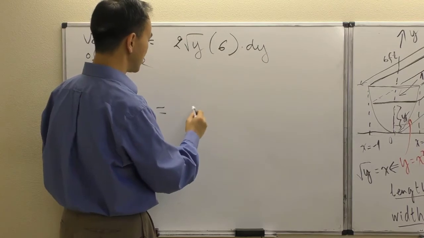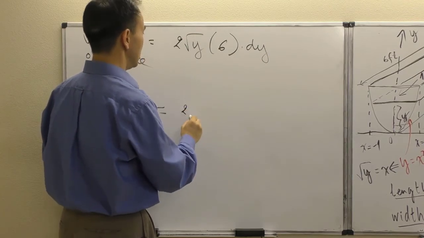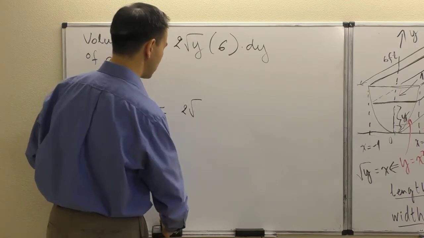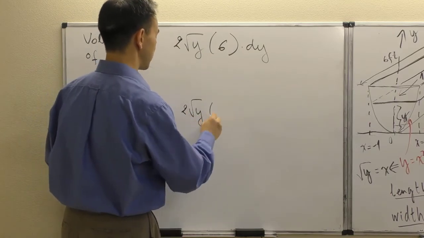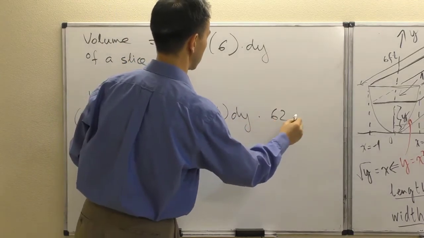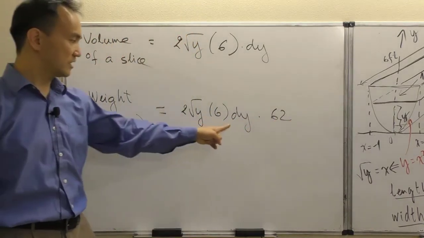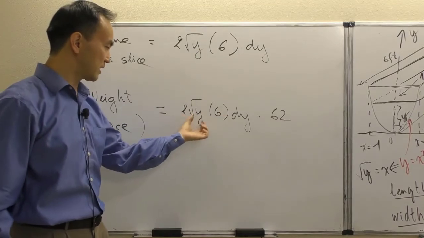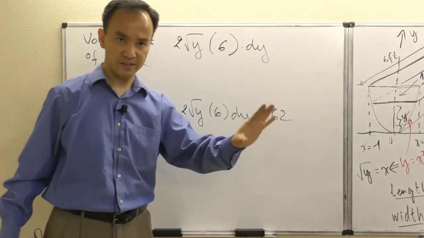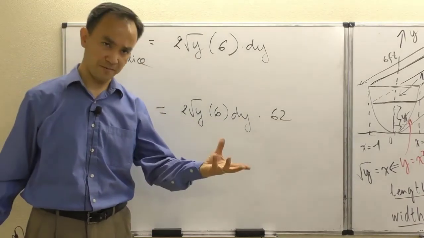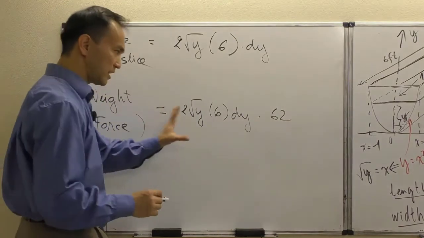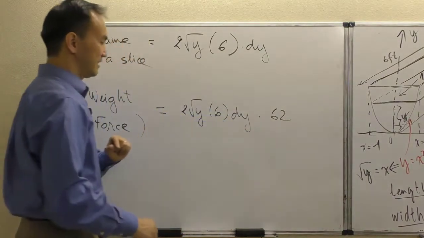Now we multiply 2 times square root of y, times 6, times dy, and multiply that by 62. That's the thickness, width, length, and the weight density. So at this point, this is force.